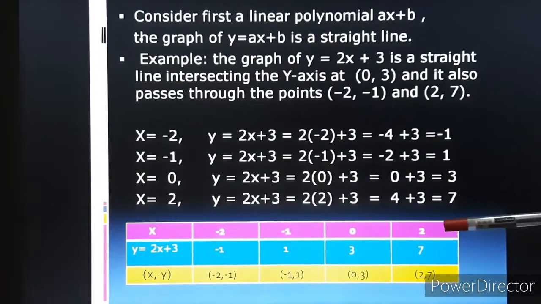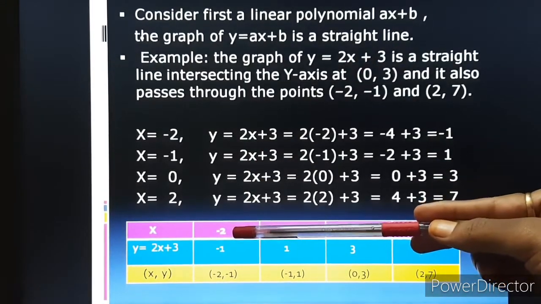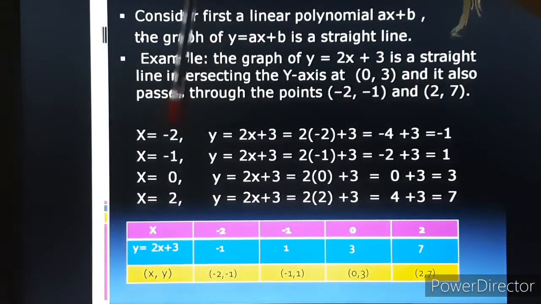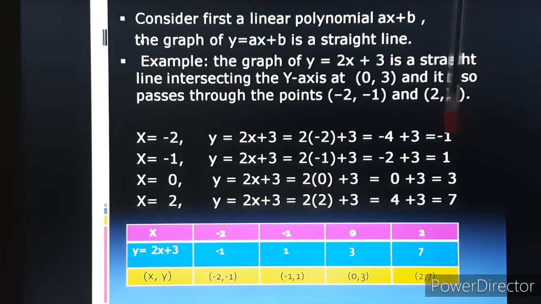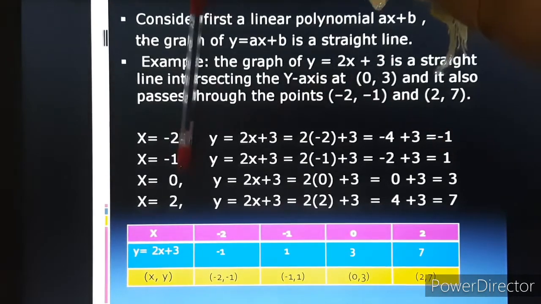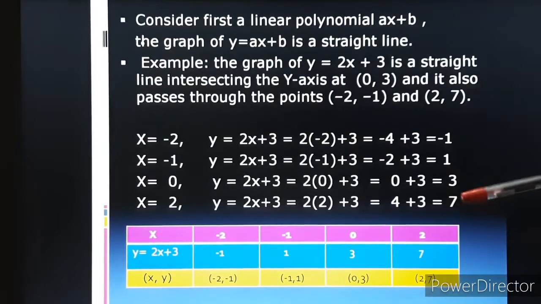Now here we can see in tabular form: when the x coordinate is minus 2, the y coordinate becomes minus 1. For minus 2, we got minus 1. For minus 1, we got 1. For 0, we got 3. For 2, we got 7.